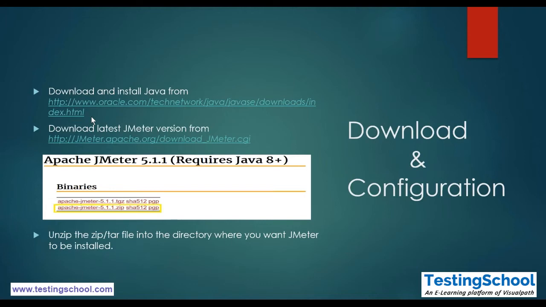The .zip is widely used for Windows, so just download it and unzip the zip or tar file to the directory where you want JMeter to be installed. After that, you need to change your environment variables. You need to give the path for Java in your environment variable. We'll see those things in the latter part.